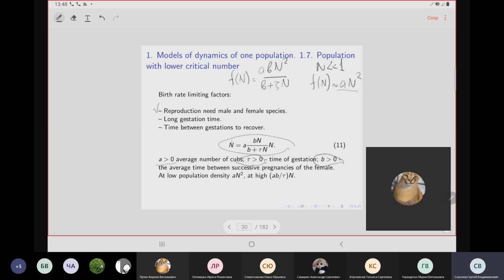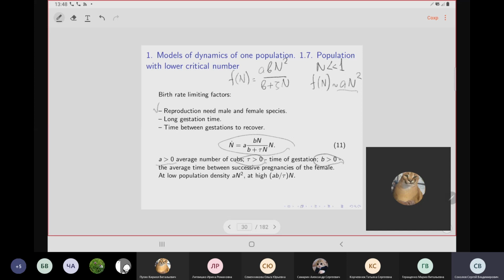Maybe they will not meet at all, and so there will be no reproduction. We can see this situation in whales. There is a very small density of whales in the ocean, and the probability of meeting 2 whales is really small. That's why they do not have many kids, and so the population vanishes.